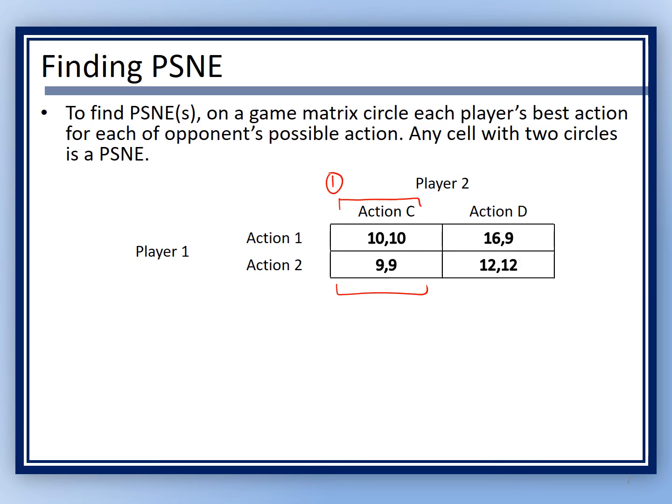If player 2 chooses action C, but player 1 chooses action 2, we will be in the bottom left cell. Player 1 is getting 9. Now, since 10 is bigger than 9, it's better for player 1 to choose action 1 in this case. We're going to denote that by circling the payoff he's going to get in that case.